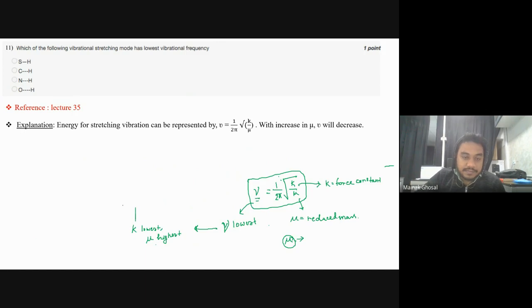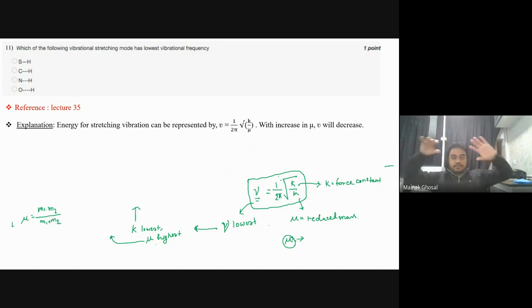I am coming to k after this. First, I am talking about mu. For which case will mu be highest? If you calculate for the HH bond and the HD bond, you can see that for the HD bond, mu will be higher. You can easily see the expression of mu, logically: mu is m1 into m2 divided by m1 plus m2.